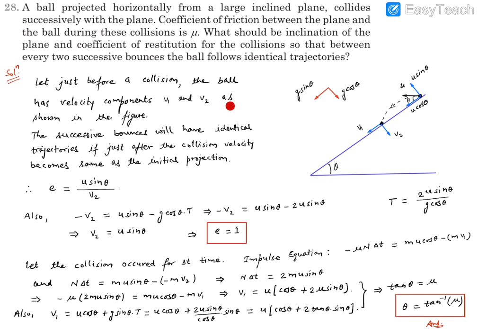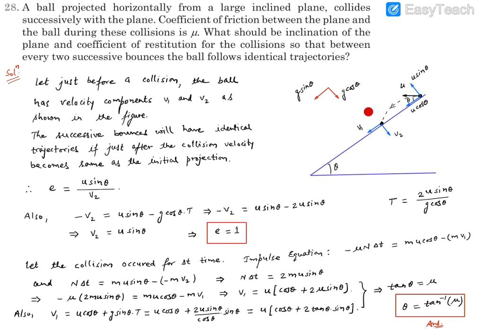Using that condition, we can apply the formula of coefficient of restitution, which is velocity of separation divided by velocity of approach. For this collision, v2 is the velocity of approach, and then the ball bounces back just like this. This will be the velocity of separation, of course along the line of impact.